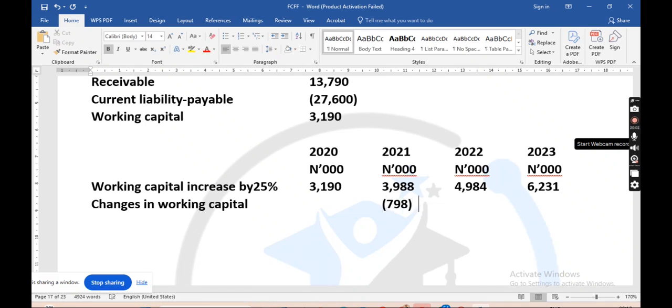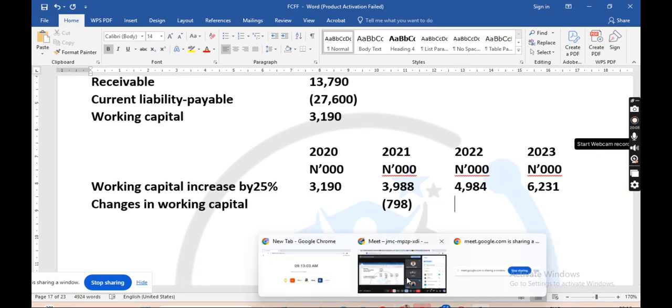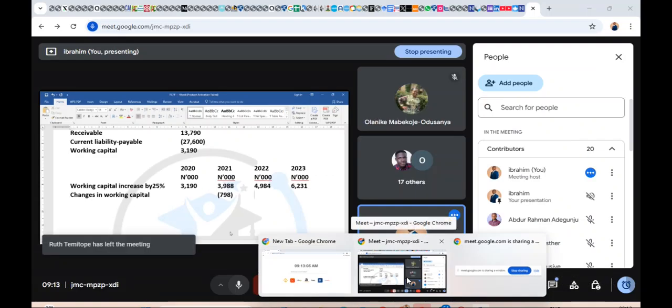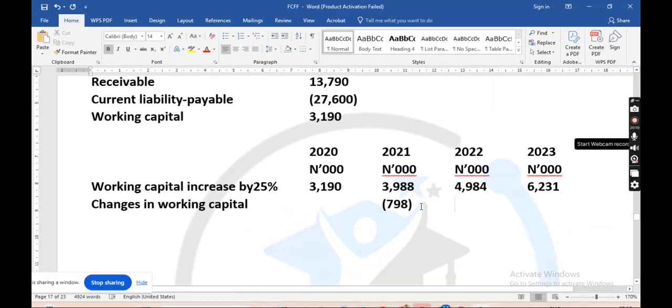Now, can you see that from 2021, from 3988 to 4984, it increased? So what is the increase? 996.